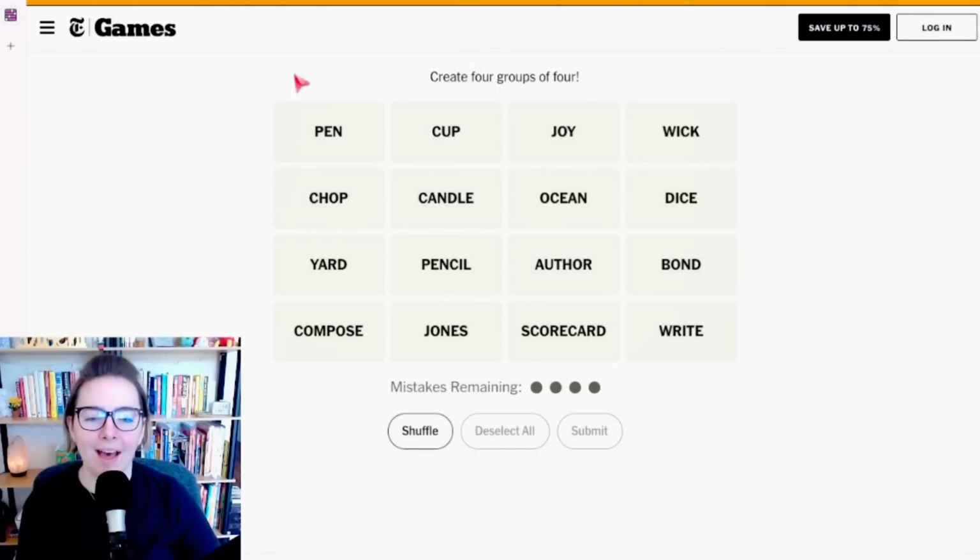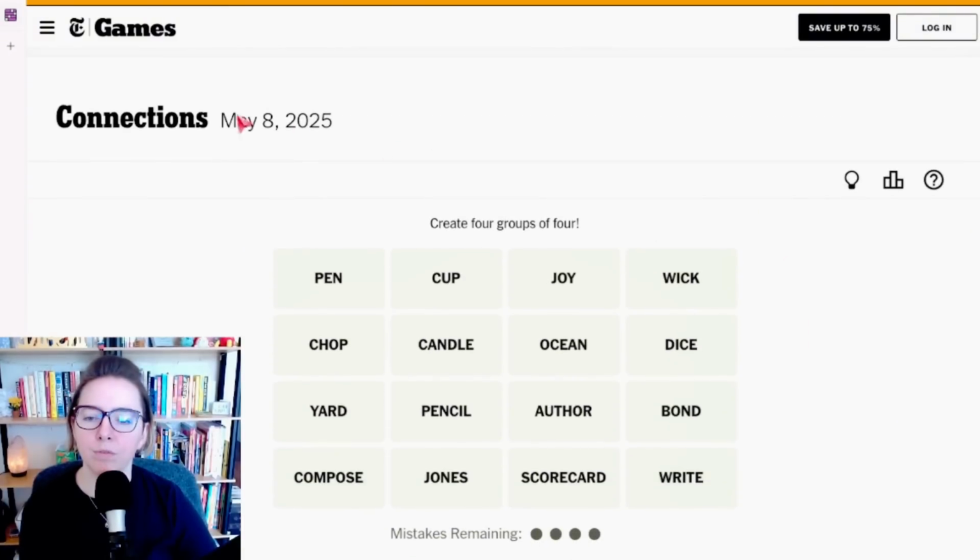So here we have Connections. Now, this puzzle changes every day. So this is the puzzle for May 8th, 2025.